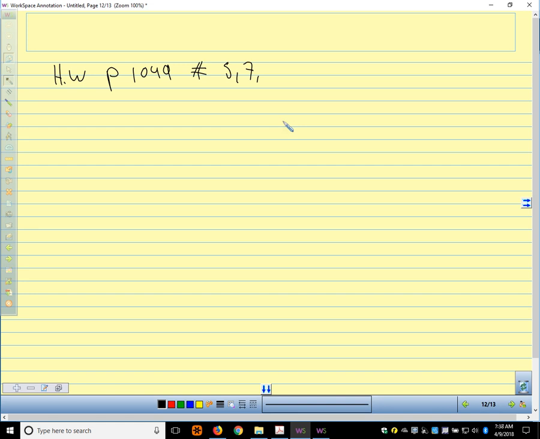Like in your sink, when the water goes around the drain, that doesn't have very much divergence. Divergence is related to flux. We will use divergence to talk about flux. Yes, that's a good observation.